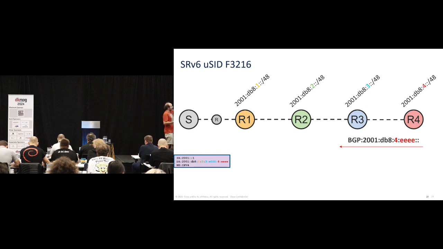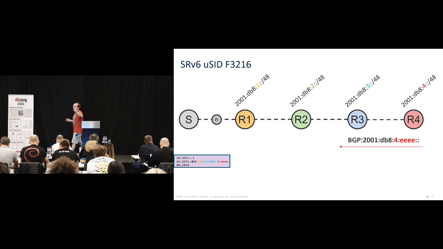Obviously, everyone is advertising a locator. Everyone knows the routing information, how to get to the locator of everyone else. So router R, which is a legacy router, doesn't understand any SRv6, doesn't understand any SRv6 micro-SID. It will just forward the packet based on the destination address. So it will do the lookup 2001:DB8:1, whatever is beyond, it doesn't care. It will just send it towards router 1.